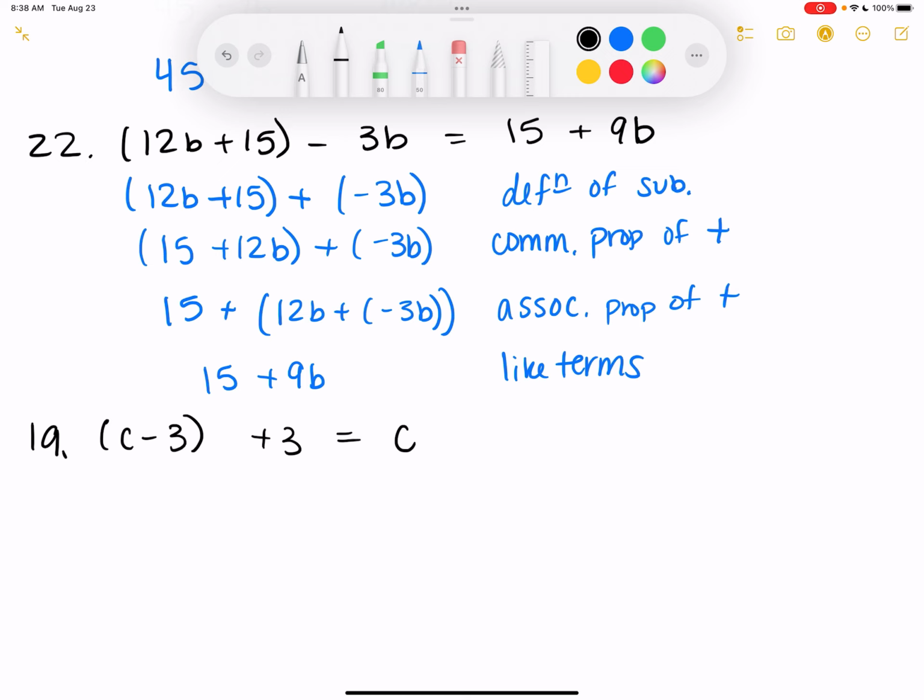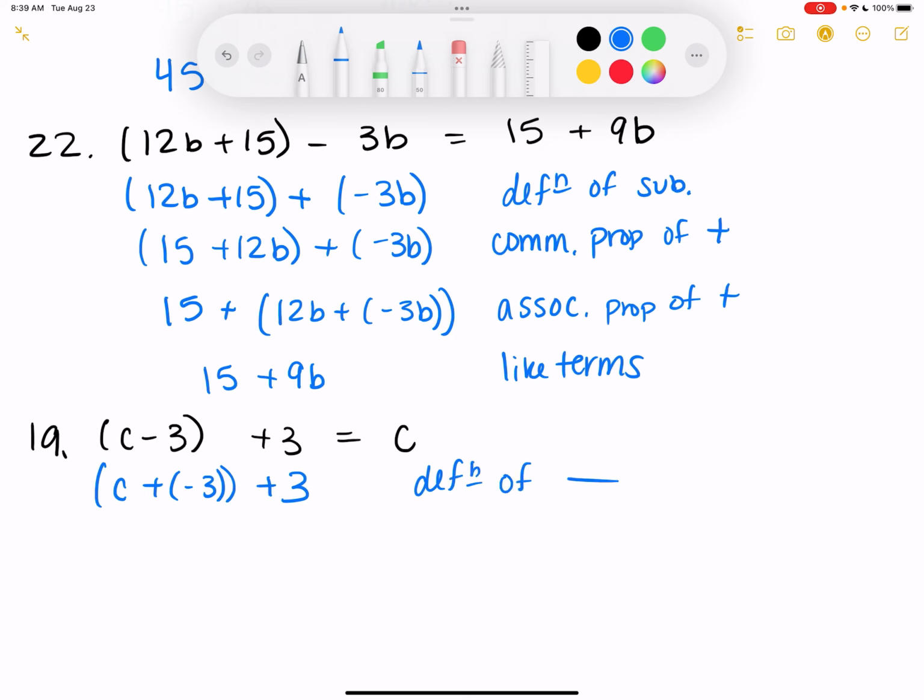Do we change the minus 3 to plus negative 3? Change this one to plus negative 3. So then I'm going to have in parentheses C plus, little parentheses, negative 3, and then close the parentheses, plus 3. And what's the reason for that? Definition of subtraction.